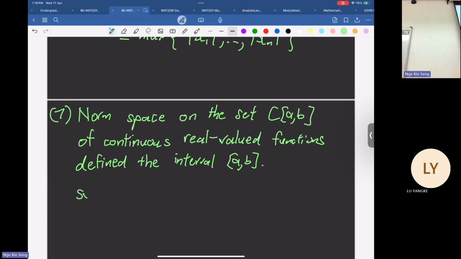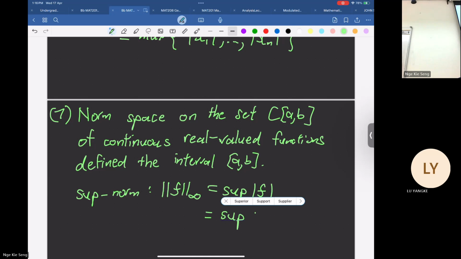We can define a sup norm as well. It is quite similar to what we have defined just now. So it's taking the sup of the length of f. We can't really measure the length of f, but what we can measure is the length of f(x), because f(x) is the thing that is real. So we can take the supremum of this.